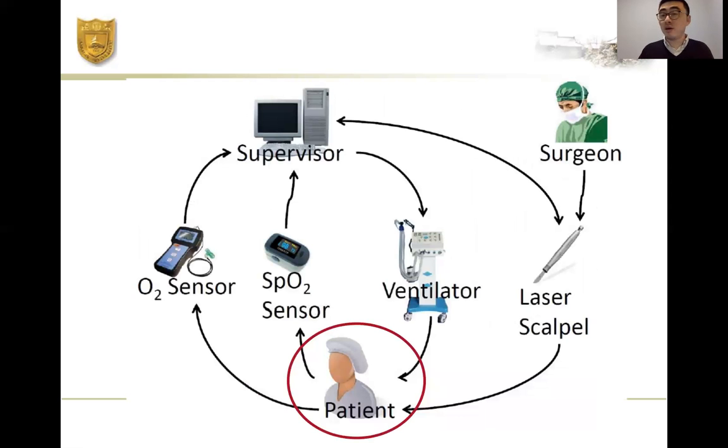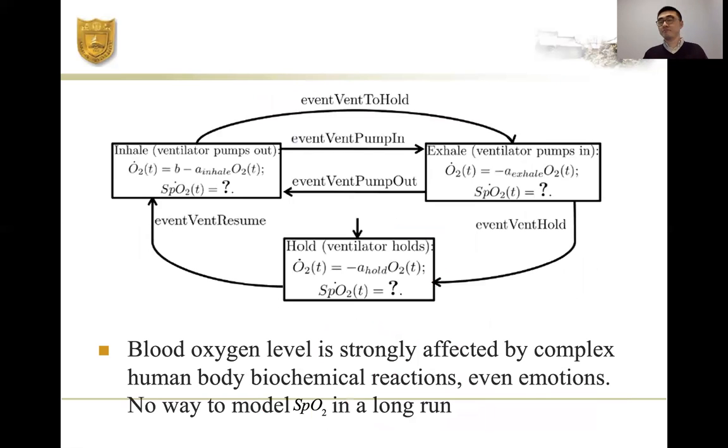Then we build the patient. We met problems. According to the pump in, pump out, and hold, the patient also has inhale, exhale, and hold, right? So now we build the oxygen level of the patient in the trachea.